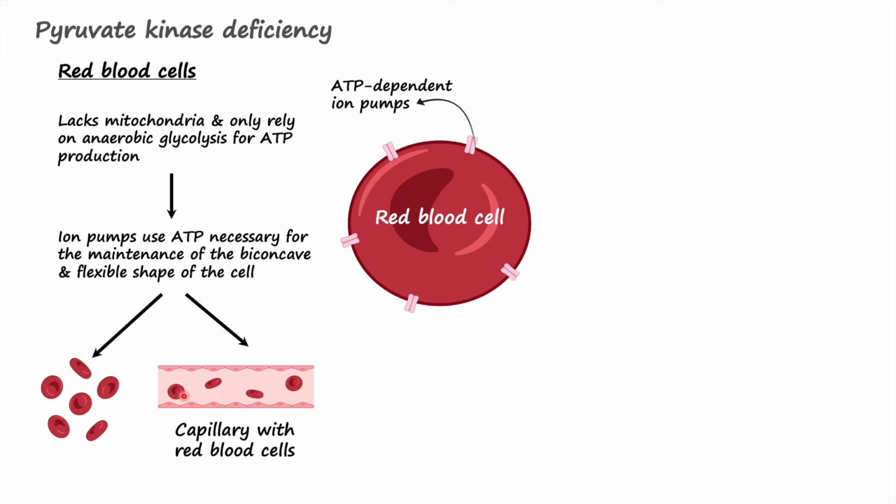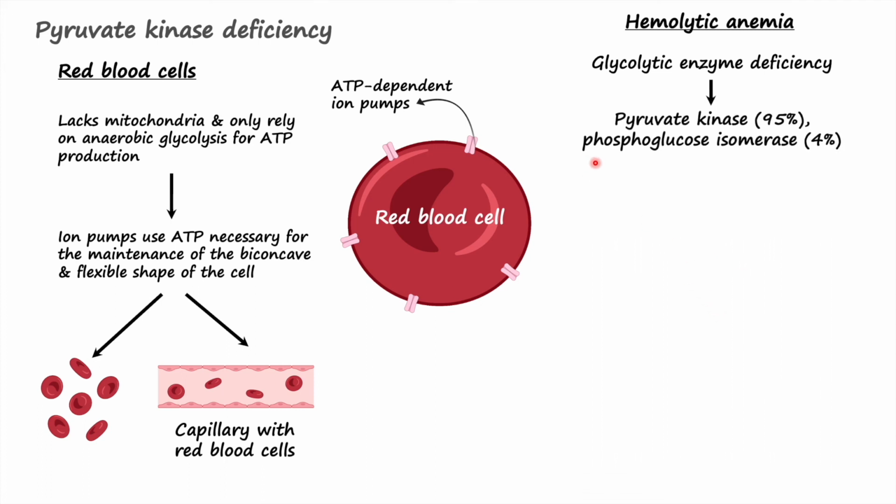During hemolytic anemia, there is a deficiency of a glycolytic enzyme. Among patients exhibiting the rare genetic defects of glycolytic enzymes, about 95% show a deficiency in pyruvate kinase enzyme, while only 4% exhibit a deficiency in phosphoglucose isomerase. Because of the deficiency of this enzyme, there is a reduction in the rate of glycolysis, and therefore reduced ATP production.